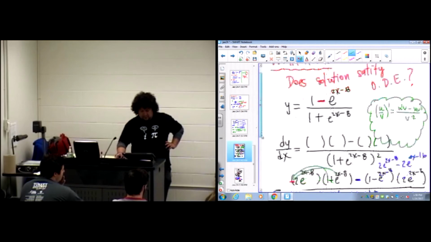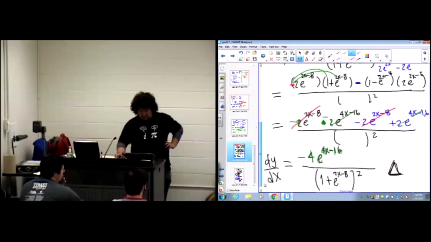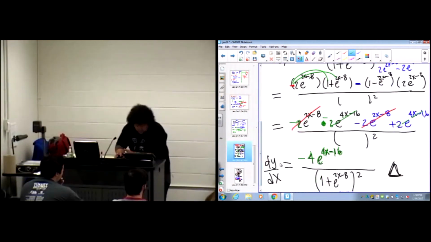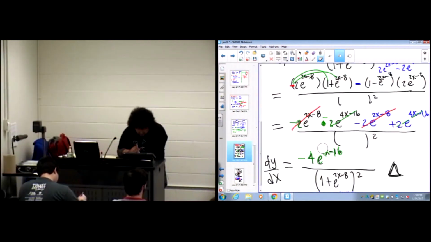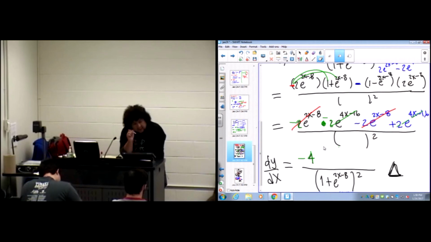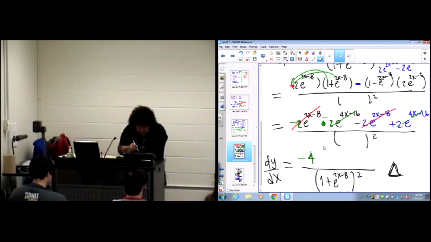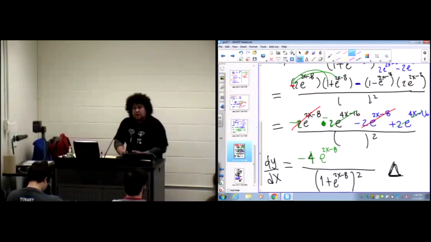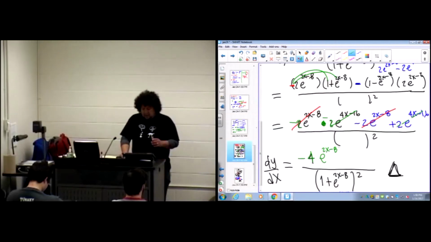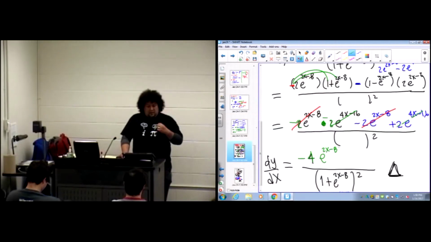On the previous page, because those are the ones that survive. Yes, let me change that. The exponential of 4x minus 16 is precisely what cancels now. So what survives here is negative 4 e to the 2x minus 8.